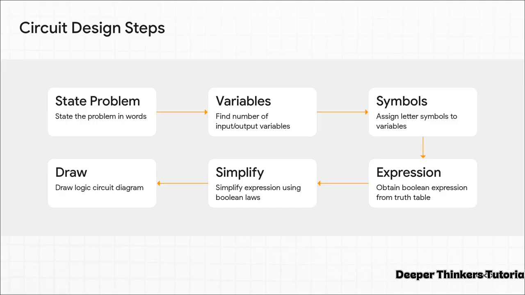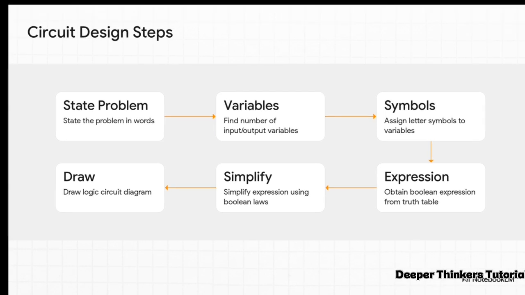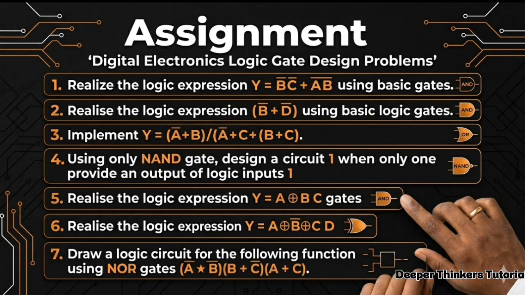We state the problem, then check your variables, that's find the number of input and output variables, then assign letter symbols to the variables, then we draw the logic circuit diagram, then we simplify the expression using Boolean laws. Finally, you obtain the Boolean expression from the truth table. So that's how you can easily use this.